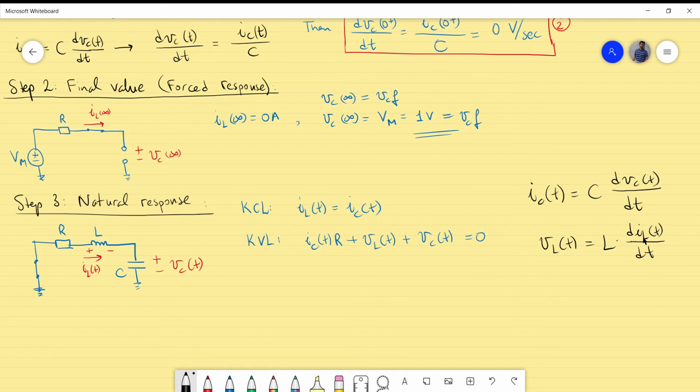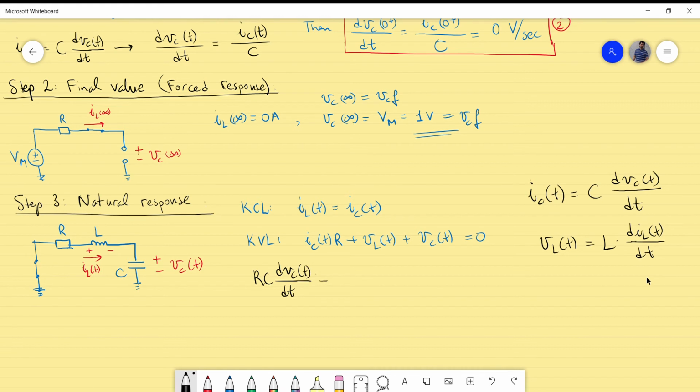And since we know that the inductor current here is equal to the capacitor current, this will give us a second order term, or the second derivative. So I will write it down step by step. The first term will be R times C times the derivative of the capacitor voltage.